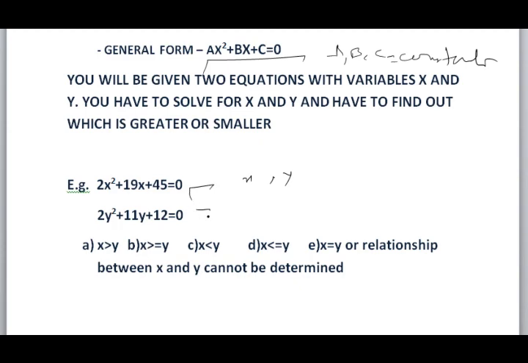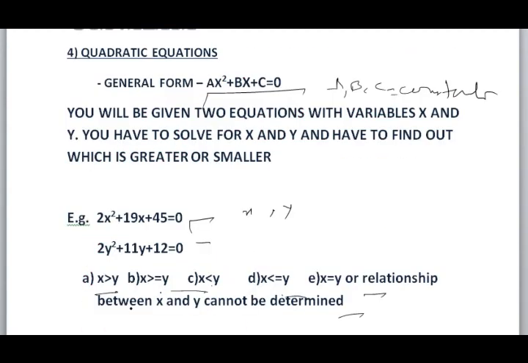You have to solve both the equations and tell whether x is greater than y, greater than or equal to y, less than y, or x is less than or equal to y, or relation cannot be determined. So first you need to solve these two equations using whatever method you want, and then answer according to the given options. Quadratic equation will also consist of 5 marks in all prelims examinations.